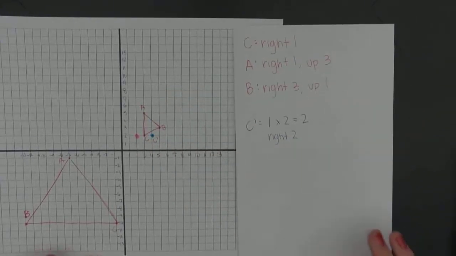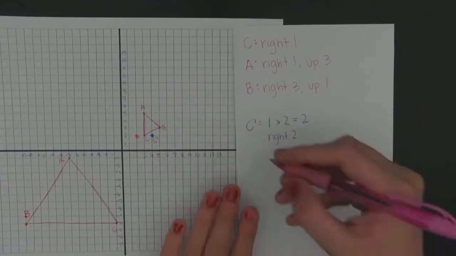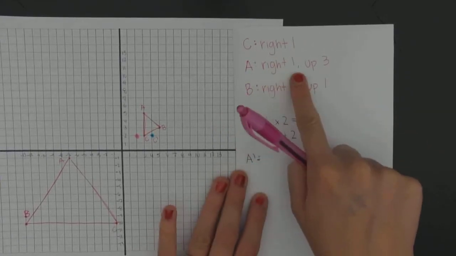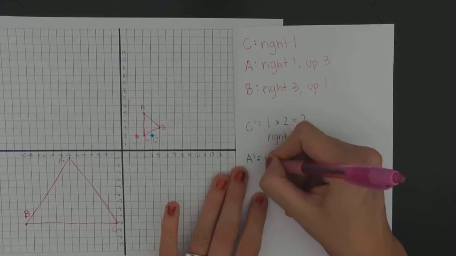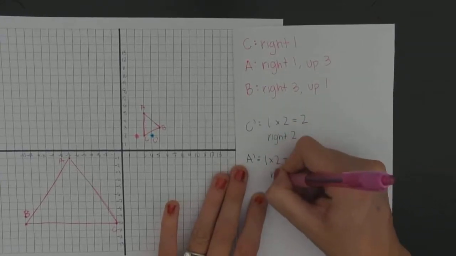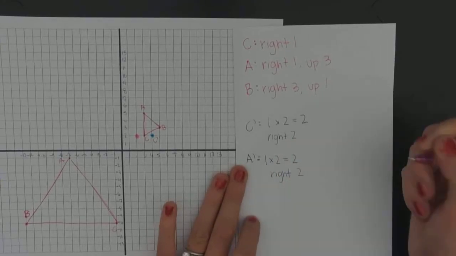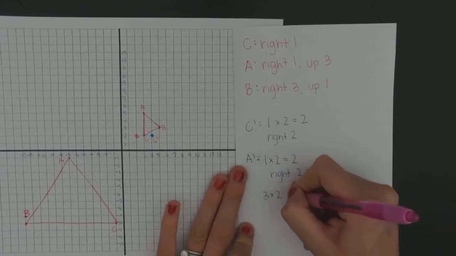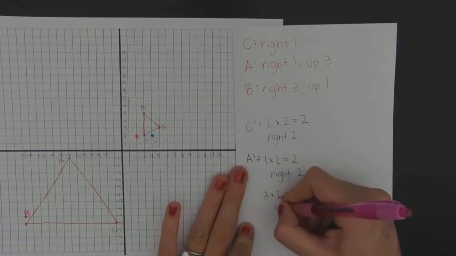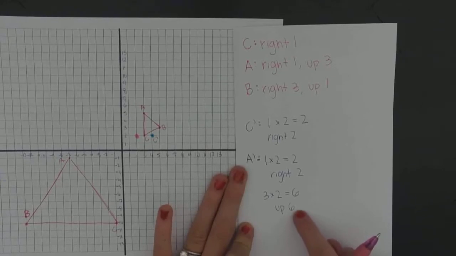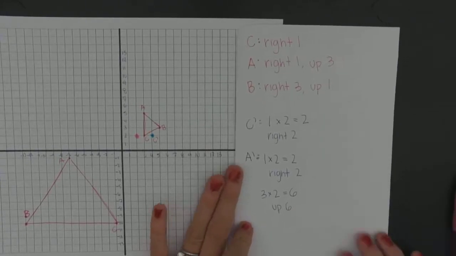All right, next let's look at A. So A prime is 2 steps, right 1 and up 3. So again, I'm going to multiply 1 times 2, and that gives me 2. So I need to go right 2 and then up 3. So I'm going to multiply 3 times 2. That gives me 6. So then I'm going to go up 6. Right 2, up 6 from my center of dilation. I always start at the center of dilation.